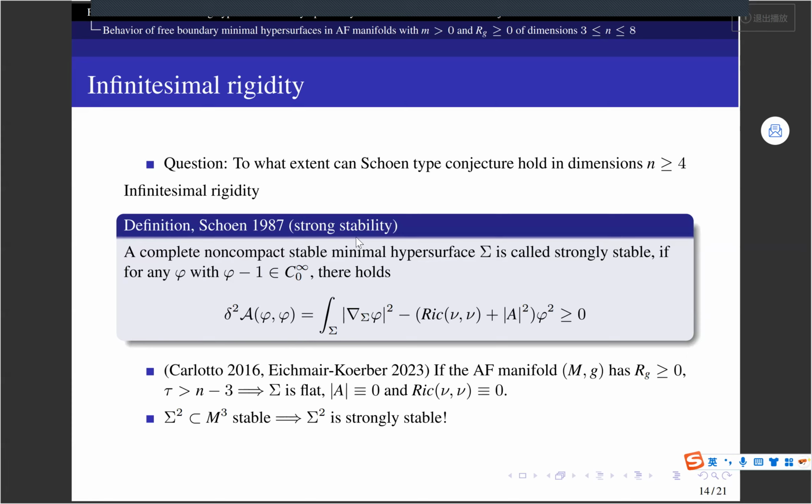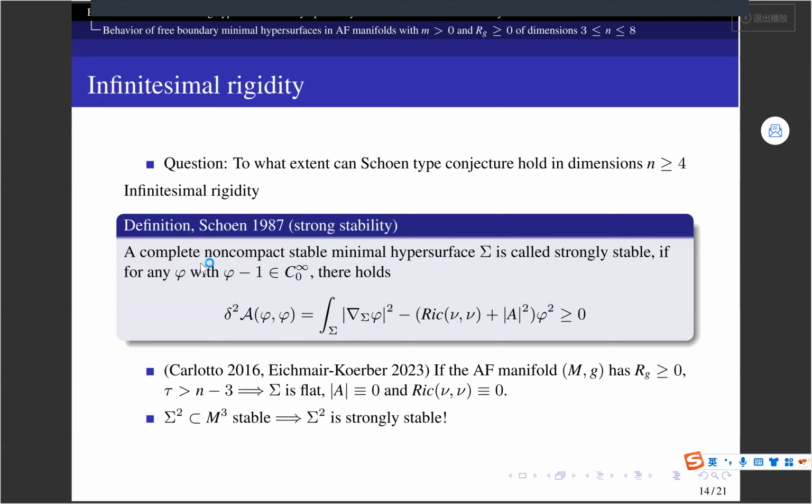This strongly stable notion was first devised by Schoen and Yau in his proof of the positive mass theorem in dimension no greater than 7 by devising a non-compact dimension reduction strategy.